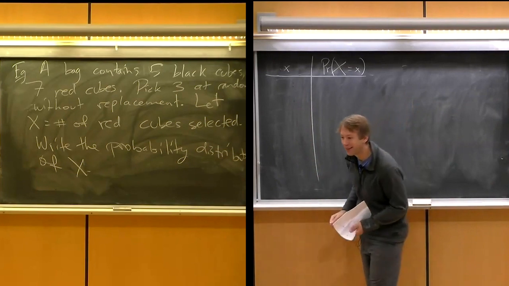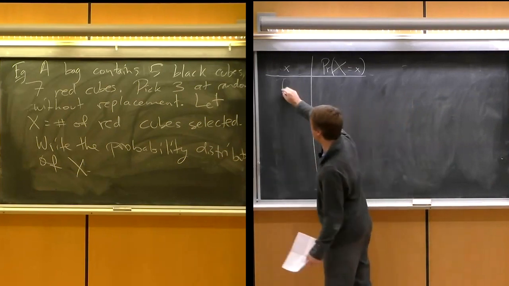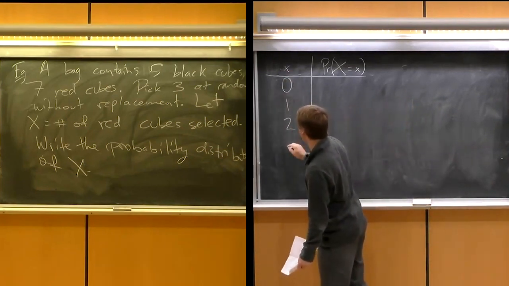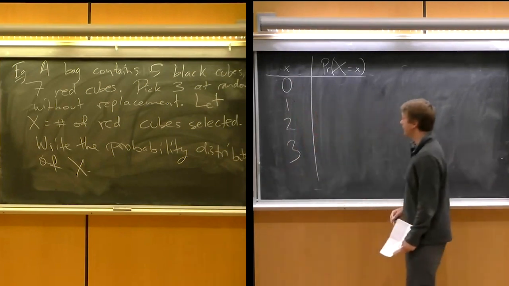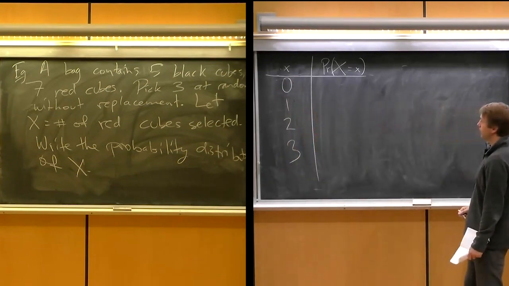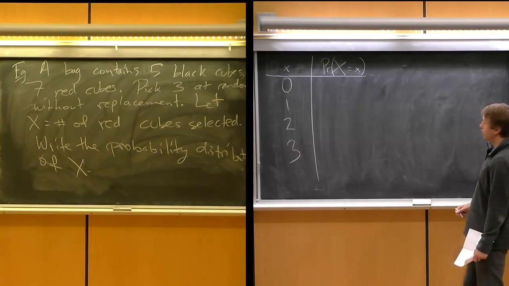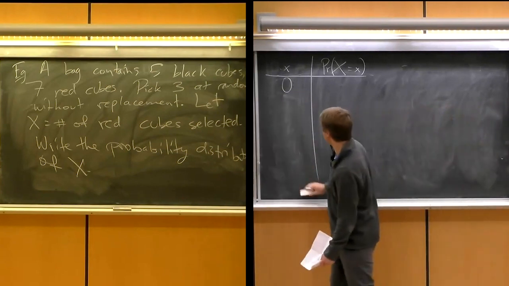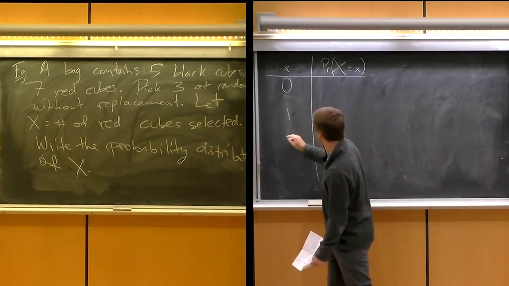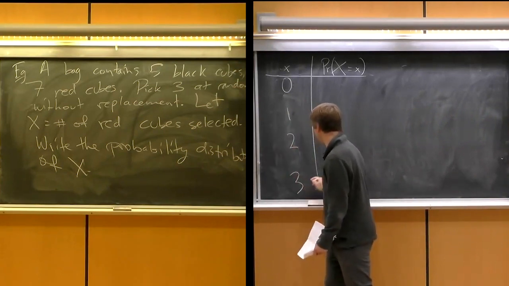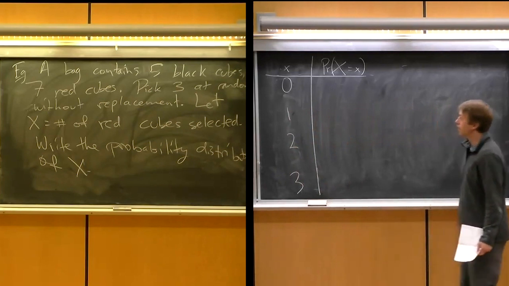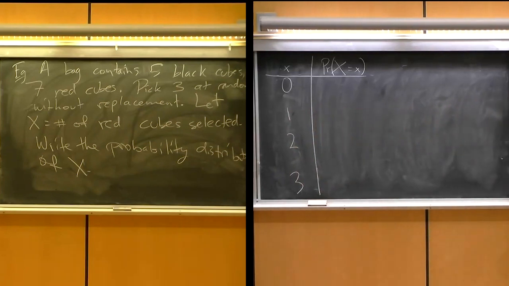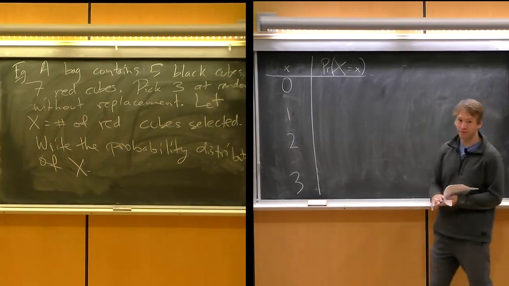Kind of the same as with the heads and tails thing. Okay. Maybe I'll give myself more space. Okay, let's practice our probability. What's the probability that x is equal to 0?